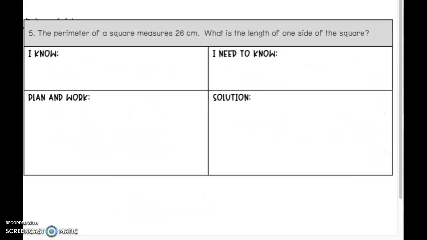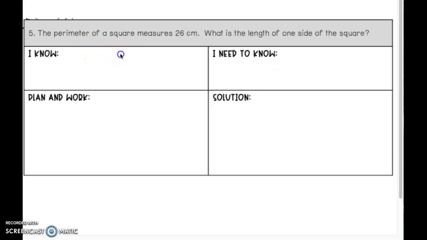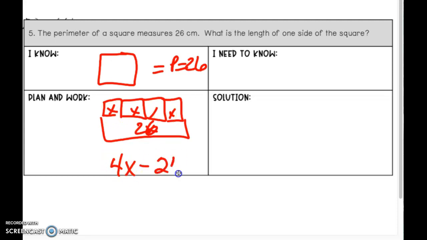The next one: the perimeter of a square measures 26. What is the length of one side of the square? So we have a square, and all the way around, the perimeter equals 26. We don't know what each side is, so we have 4 x's. 4x equals 26.